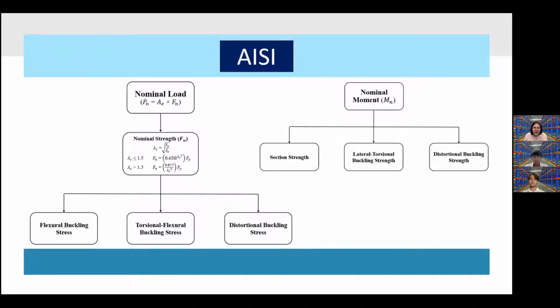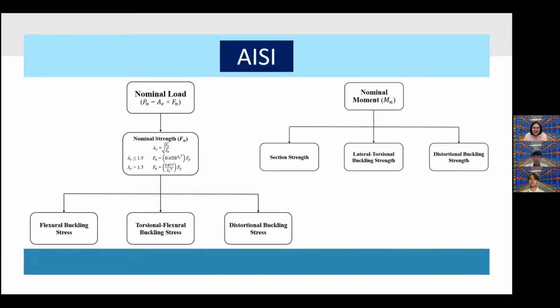For the nominal load, there is buckling in three states. The first is flexural buckling state, which occurs when experiencing a deflection caused by bending of the flexural member, and also occurs in the axis with the largest slenderness ratio and the smaller radius of gyration. Next is torsional flexural buckling state, in an asymmetric section, where simultaneous bending and twisting of the member occur around the center of shear.